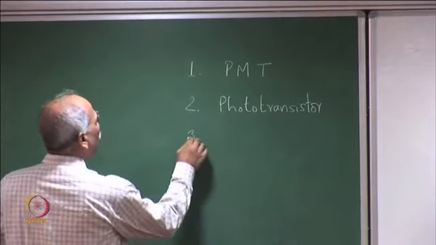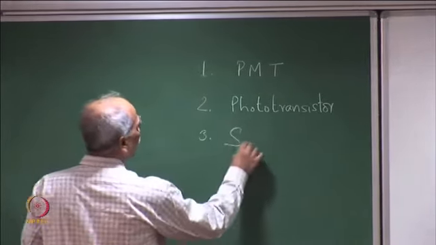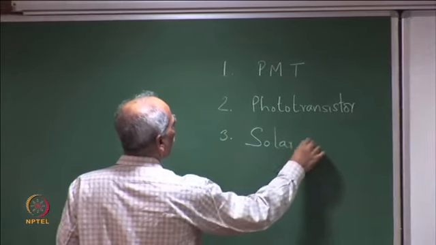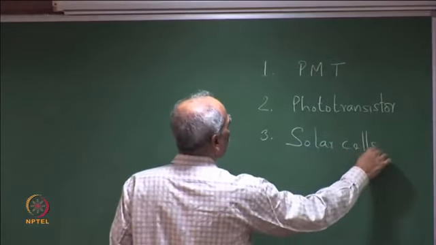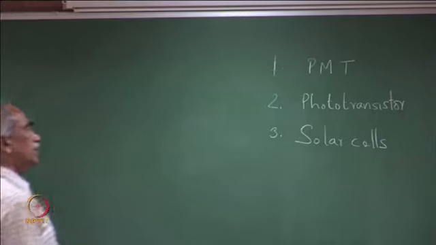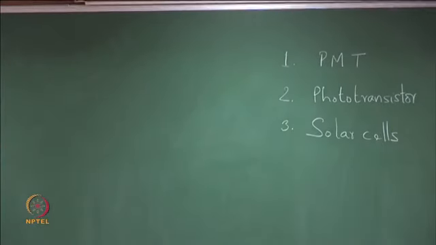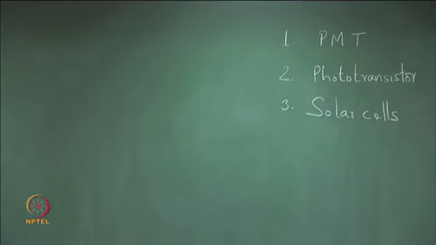Then we will briefly discuss solar cells. We discuss solar cells because it is basically a photodetector which is operated in the photovoltaic mode of operation, as we will see.